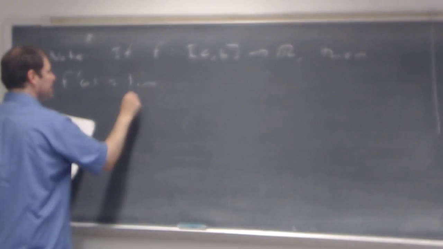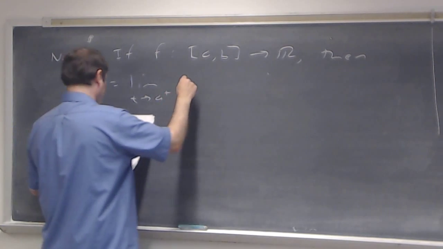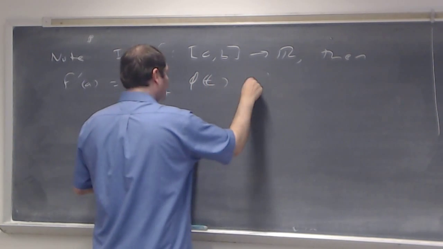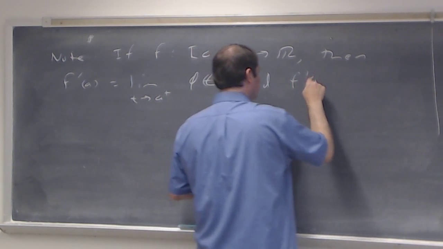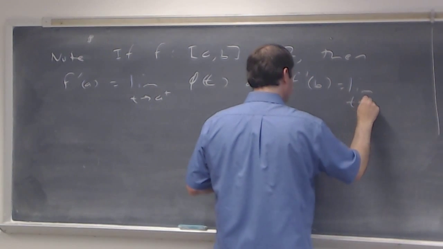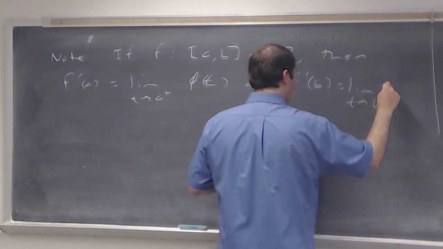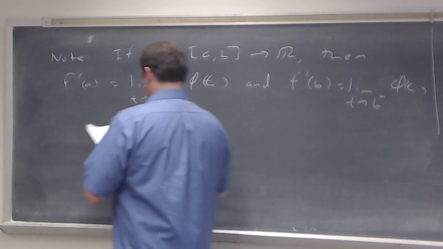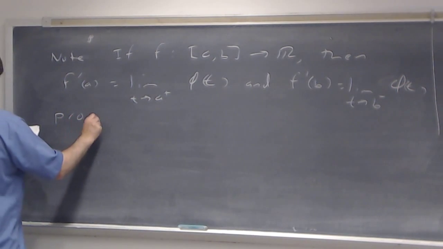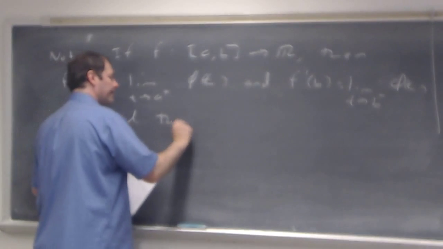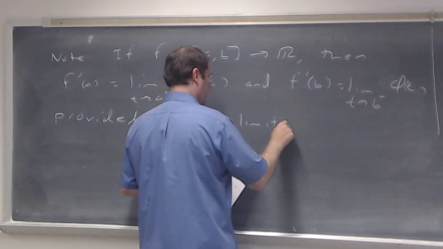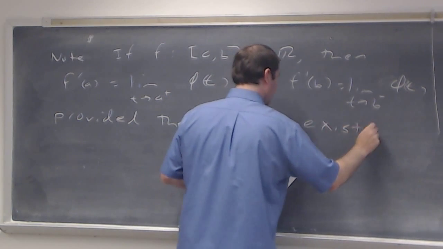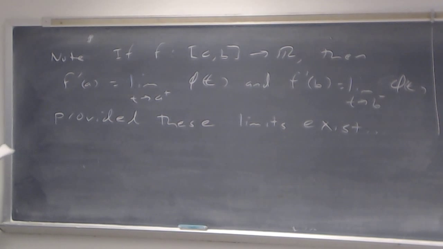What it will be is the limit as t goes to A from the right of phi of t, and f prime of B can be defined as the limit as t goes to B from the left of phi of t, provided these exist. Okay, so that's just something I wanted to take note of. I'm not going to do an example of it.